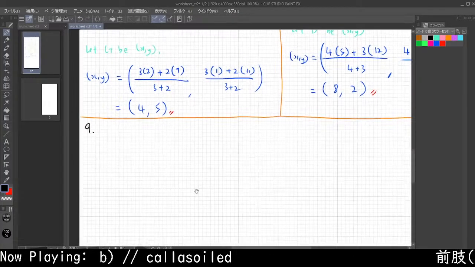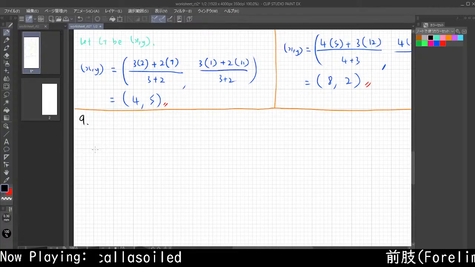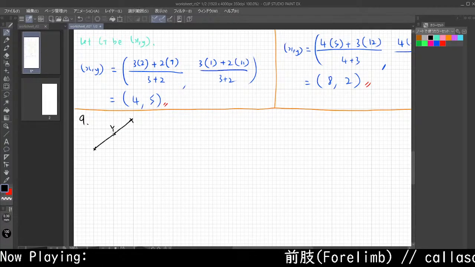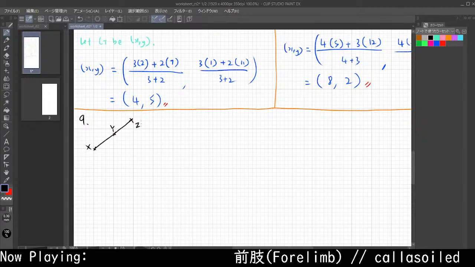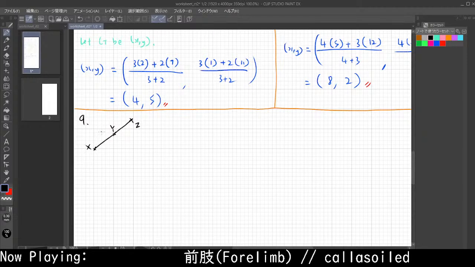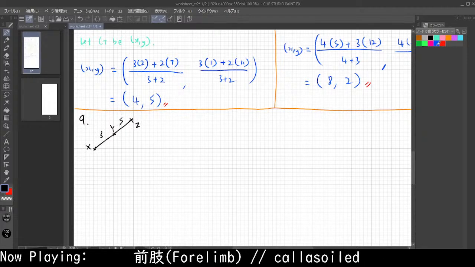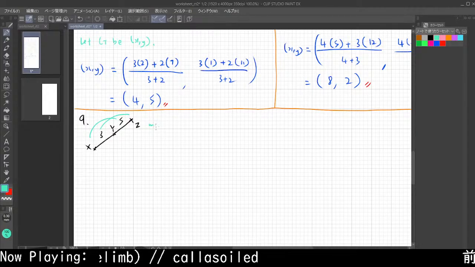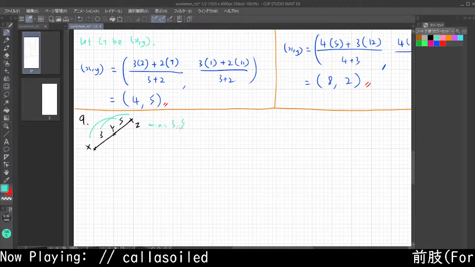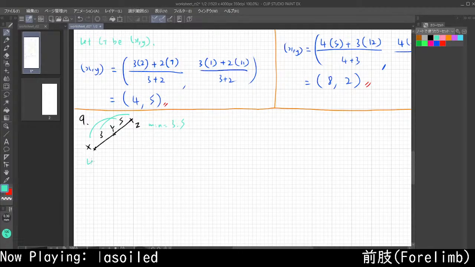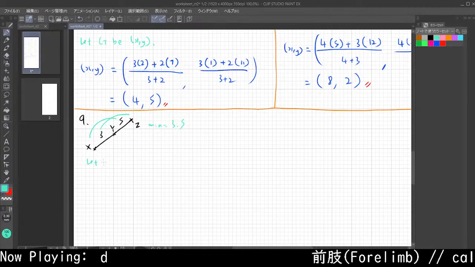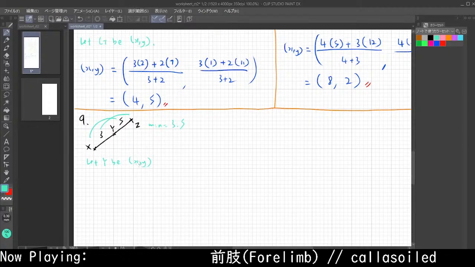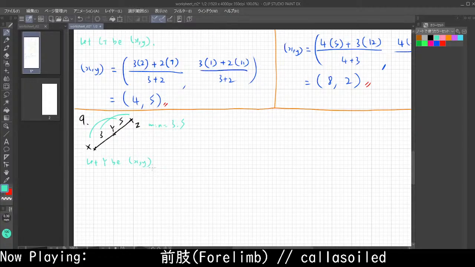Q9, same thing. Y divides a straight line XZ in the ratio 3 to 5. And then same thing. M to N is basically 3 to 5. So let Y be (x, y). So we basically have this.